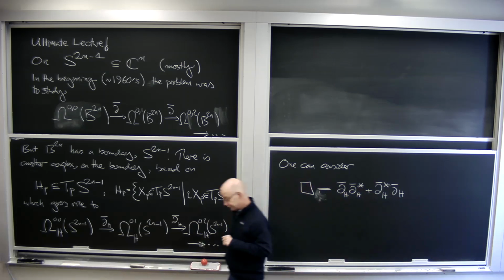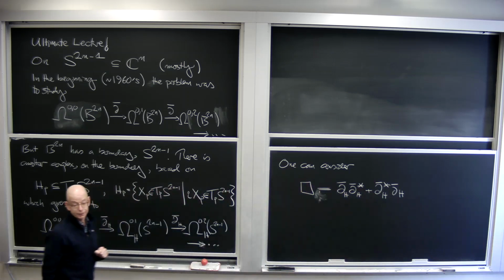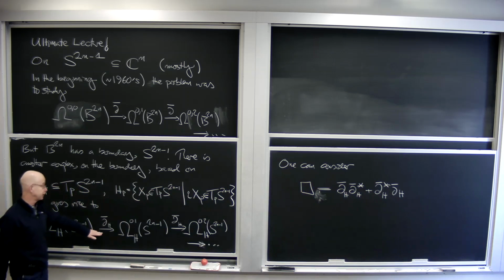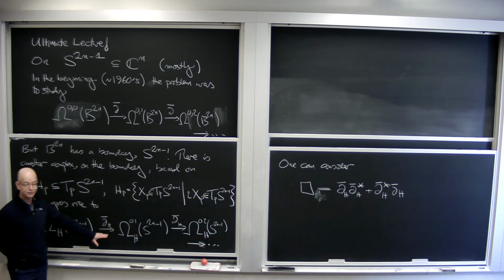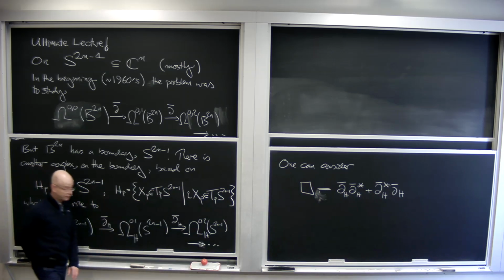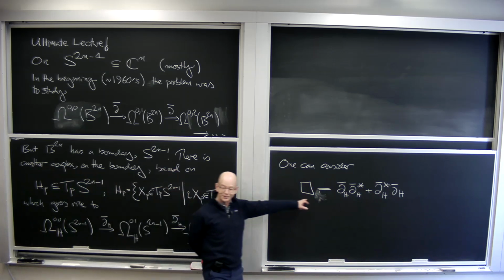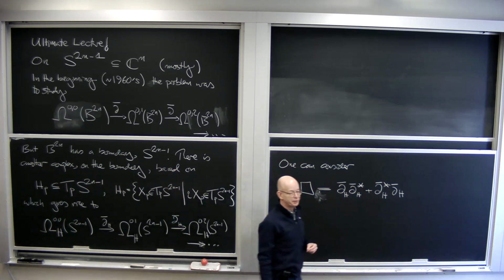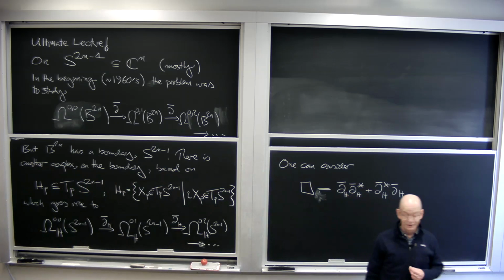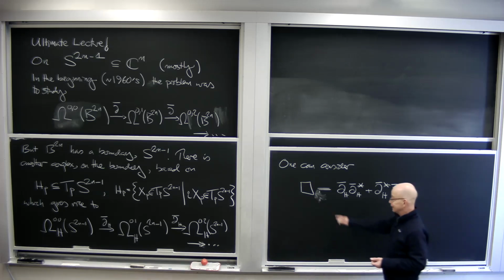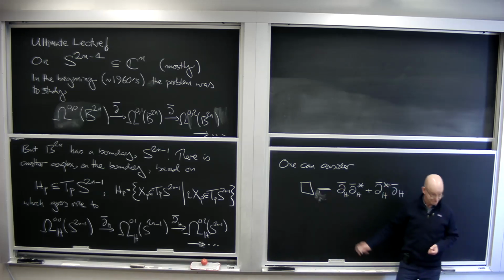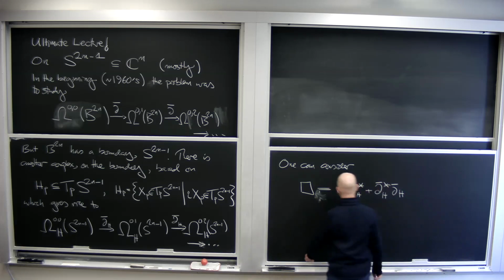And if you're interested in the D bar complex on a ball, you ought to also study this D bar complex on the boundary of the ball. And if you're interested in this D bar complex on the boundary of the ball, you ought to be interested in this operator. That's the point I'm trying to make, that a simple chain of reasonable, plausible steps leads you to this operator here. Okay.